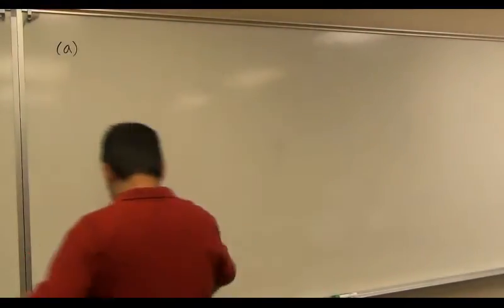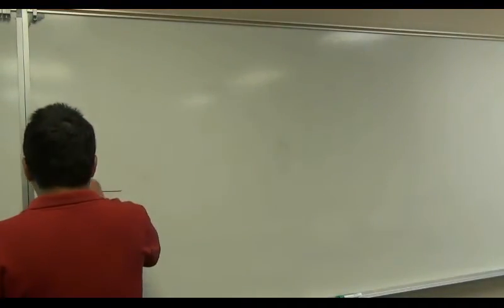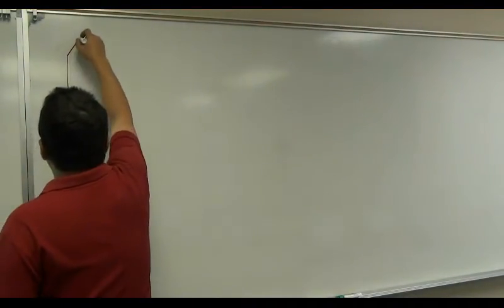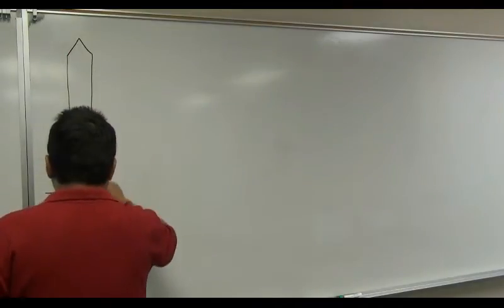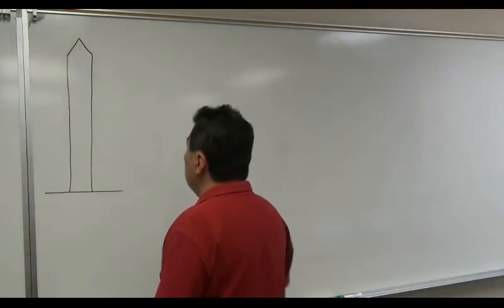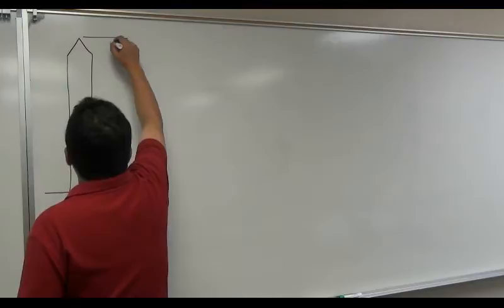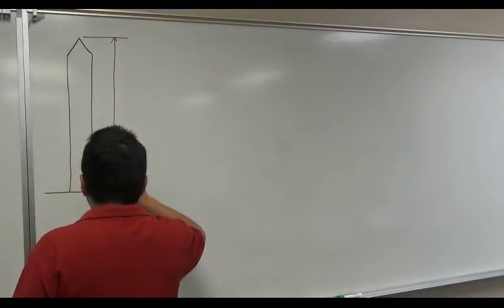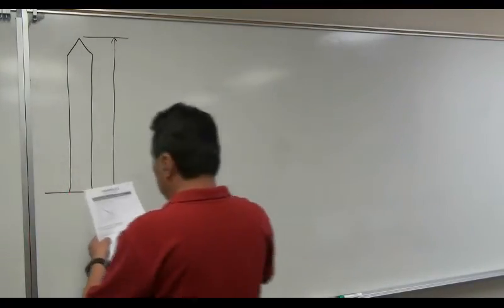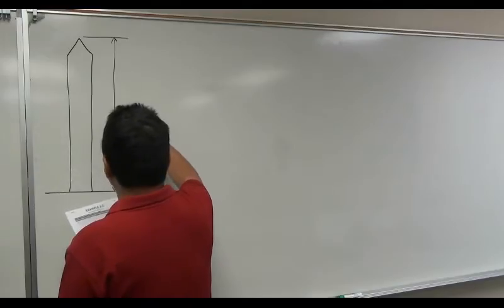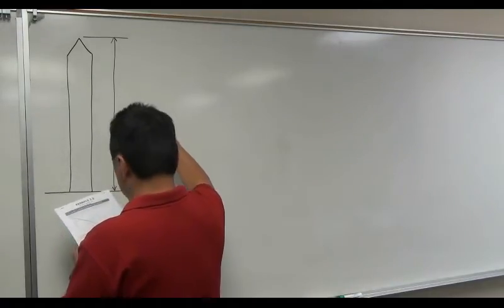So, we are going to analyze this problem in two different ways. Let's just start with the figure here. So this is Empire State Building in New York City. The height is 1,250 feet.